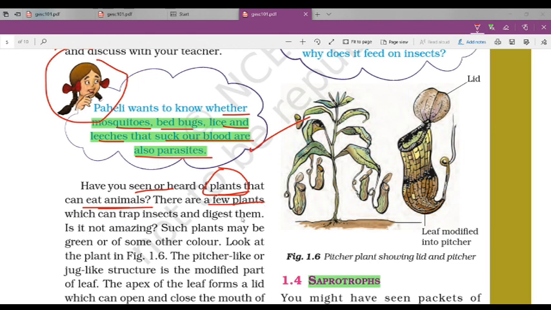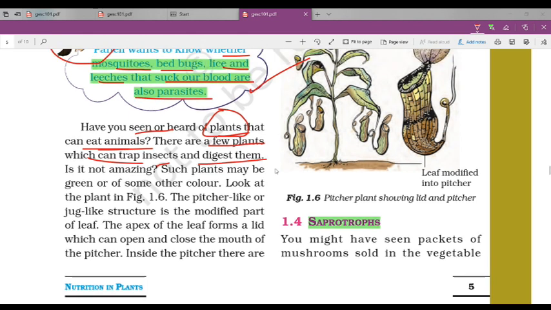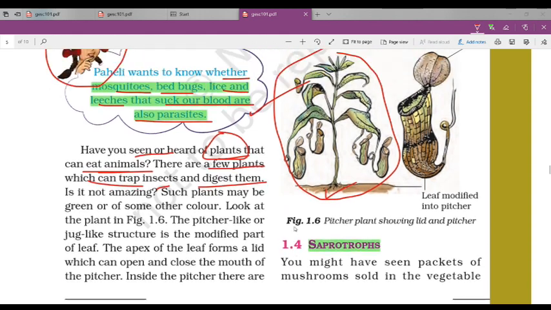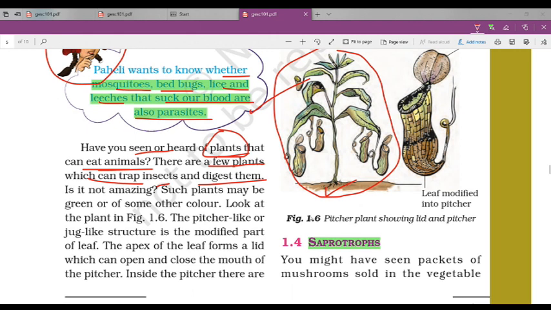There are a few plants which can trap insects and digest them. You can see here the pitcher plant. Bachcho, can you see the pitcher plant here? This plant eats small insects and small animals for some nutrients. We will get to know later.